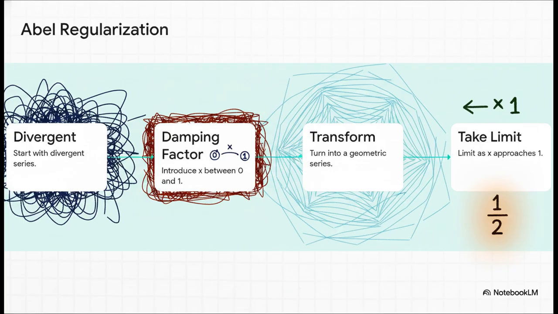Then, for the final magic trick, they take the limit as x approaches 1. And the result? 1/2. Seriously, by using this regularization technique, mathematicians can actually assign a solid value of 1/2 to a series that otherwise just bounces endlessly between 1 and 0. It's basically a way to tame mathematical infinity.